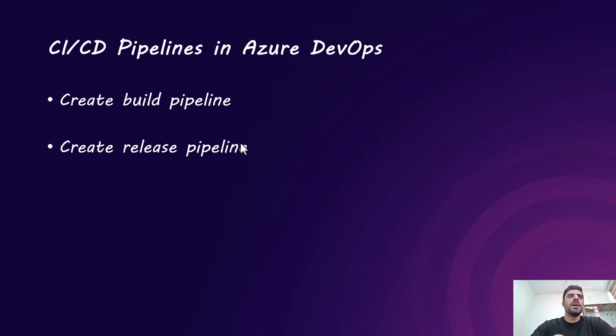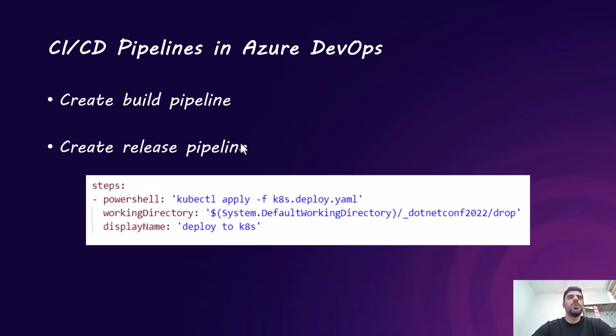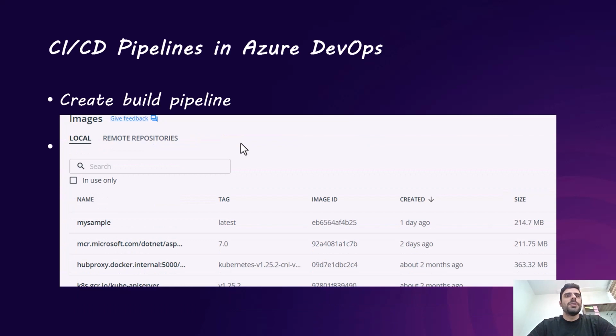In the previous slides, we found out that in order to release our Docker image on Kubernetes, we need to use the kubectl apply command. So I create a release pipeline and add a PowerShell task to my pipeline, and then I'm going to execute the kubectl apply command inside my PowerShell task inside my release pipeline. Easily, I created my release pipeline.